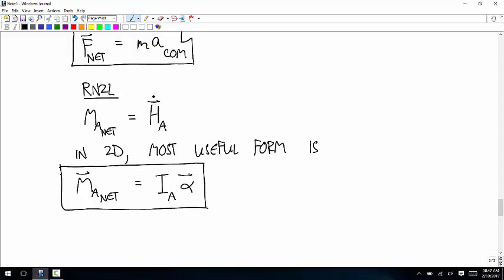And remember, for the people who've taken statics, when you use the rotational equation for statics, you can make that A anything you want.